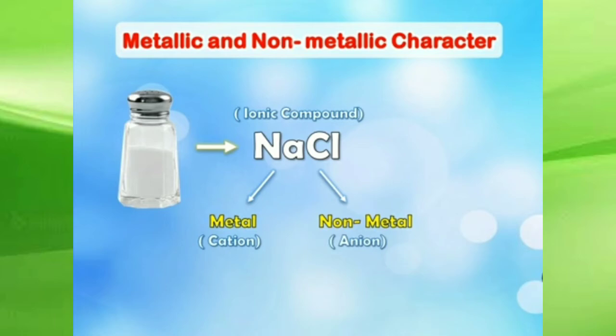Whereas non-metals gain electrons, therefore they make anions and carry a negative charge. So, understood cations and anions? Now let us see why metals make cations and non-metals make anions.